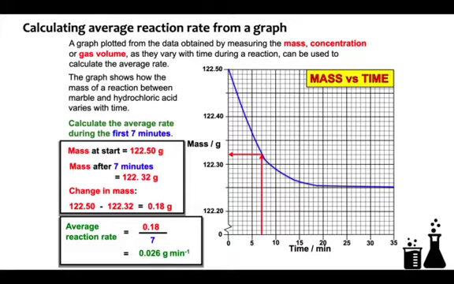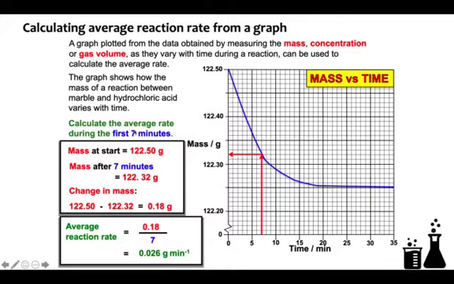A graph plotted from the data obtained by measuring the mass, concentration, or gas volume as they vary with time during a reaction can be used to calculate the average rate. So this graph shows how the mass of a reaction between marble and HCl varies with time.